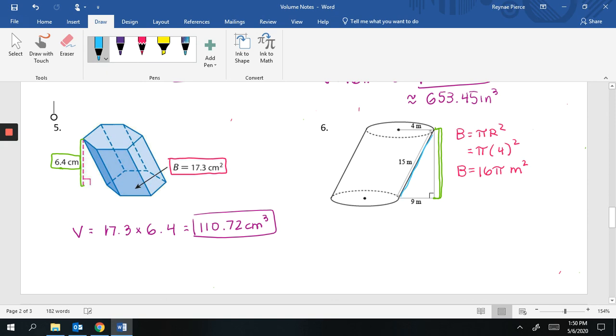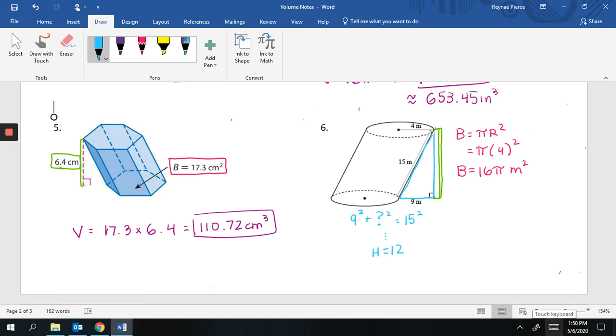Looking at this picture, we don't have that distance, but we do have this right triangle that's created. So I'm going to go ahead and do the Pythagorean theorem: 9 squared plus what squared gives me 15 squared. We go through that, and we find that our height is 12.